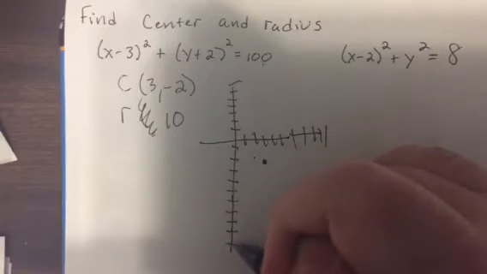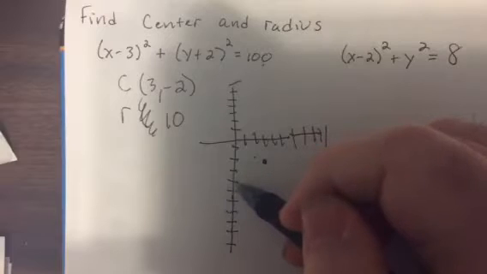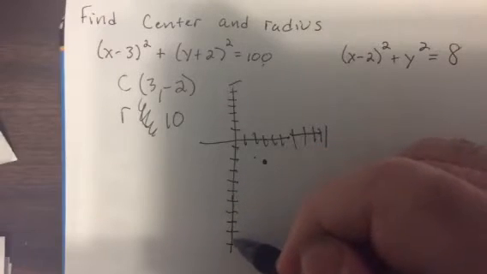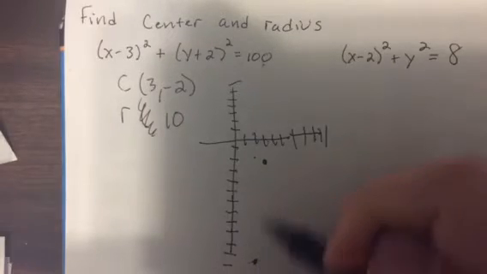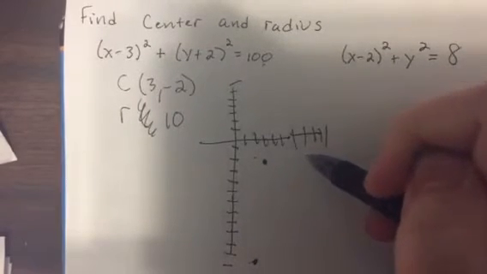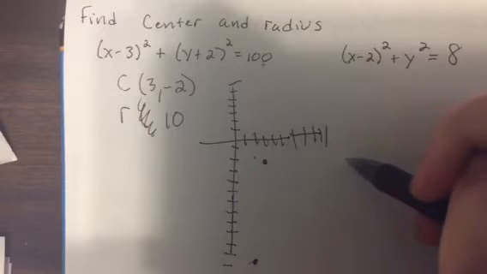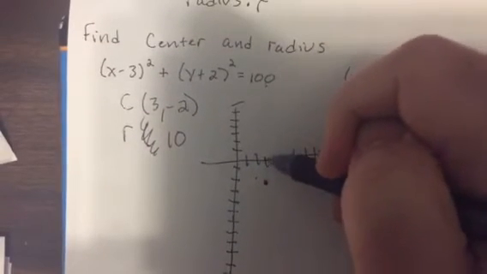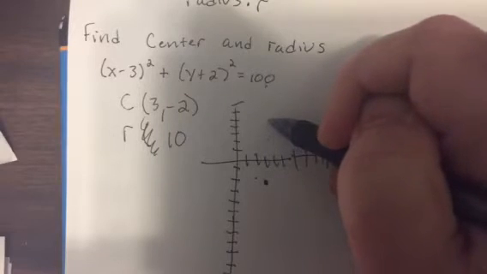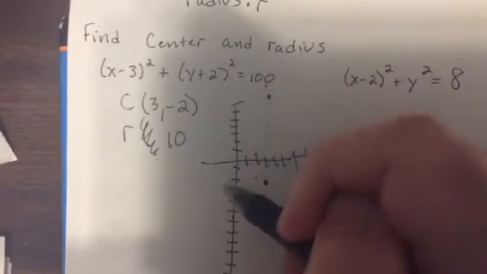Someone should have picked smaller numbers. 1, 2, 3, 4, 5, 6, 7, 8, 9, 10. So here, then 10 this way.